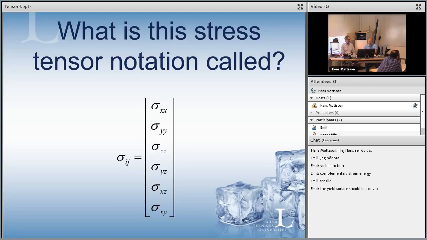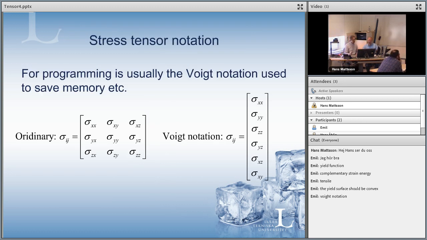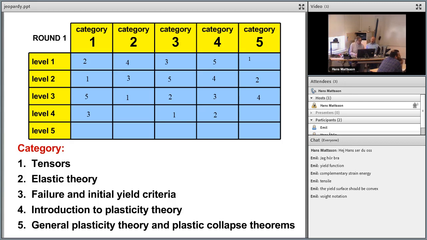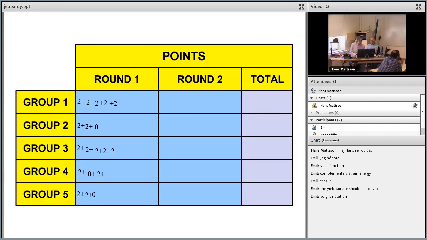What is this stress tensor notation called? Yeah, you got it from Emil too. It's correct. It's the Voigt notation. Extremely fast there. Correct answer. Very good, they're really strong today. Group number 3 is really strong today, but we haven't hit the most difficult questions yet, and we will see how they will handle that.